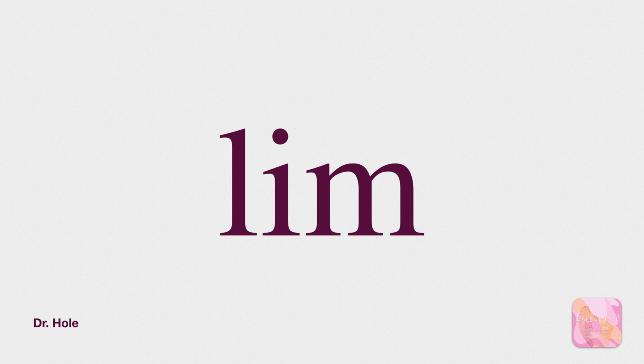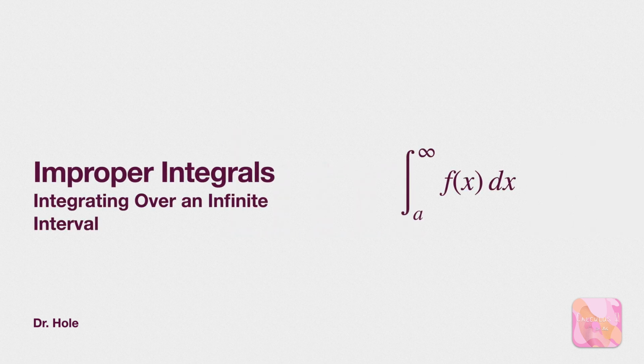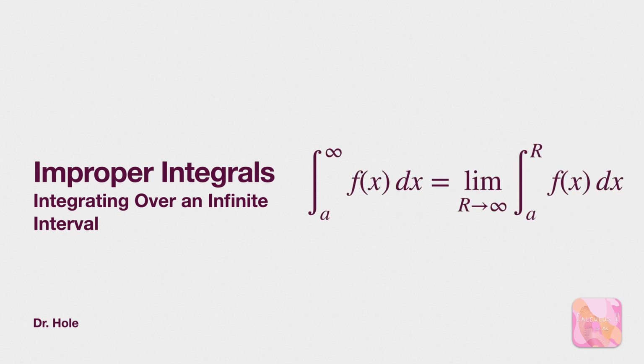So let's make that explicit. If we have an infinite interval which starts at a nice finite number and then starts heading towards the right, getting bigger and bigger, going out to positive infinity, we can tame this infinite upper bound thanks to a limit.